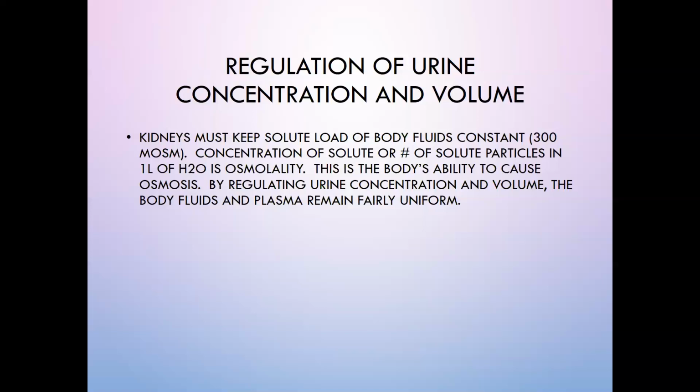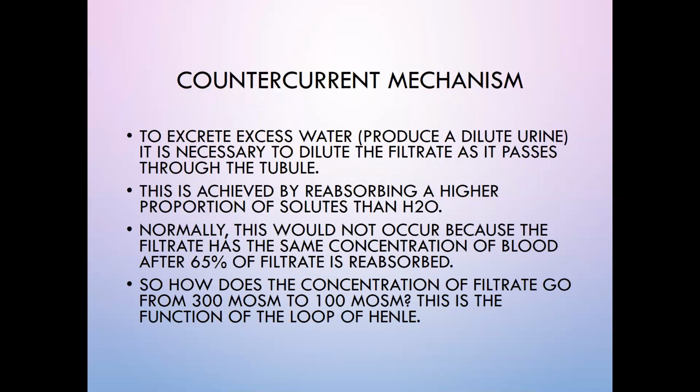That's what we're after. All right, so we know that we're going to drink a whole lot of water during the day, and we can't keep all the water that we absorb. We have to get rid of enough so that we go back to 300 milliosmoles. So what are we going to do with the extra water?